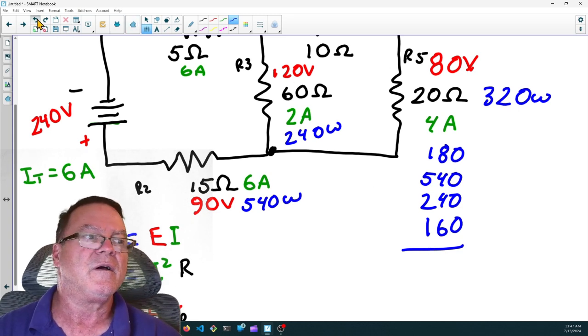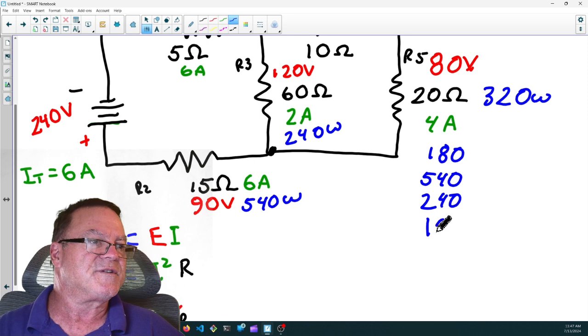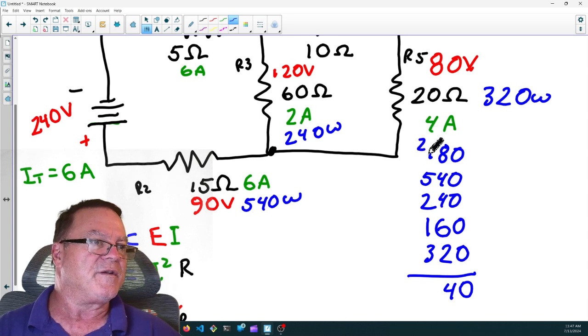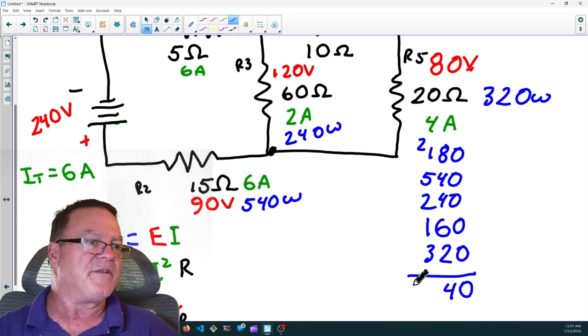Hold on. 160 and 320. And let's see what we get. That seems like a lot. Let's find out. 8 and 4 is 12, and 4 is 16, and 6 is 22, and 2 is 24. And 2 and 1 is 3, and 5 is 8, and 2 is 10, and 1 is 11, and 3 is 14. 1,440 watts in total.